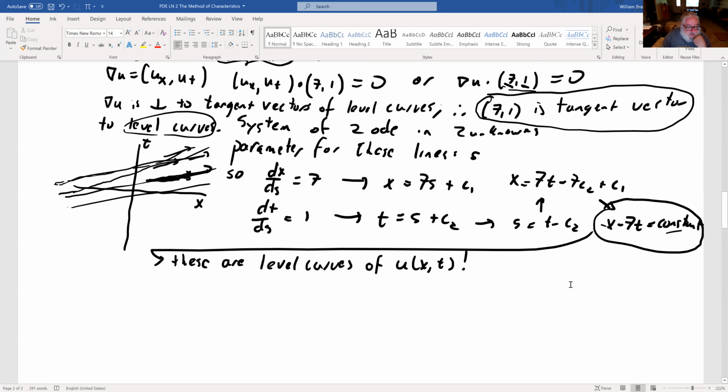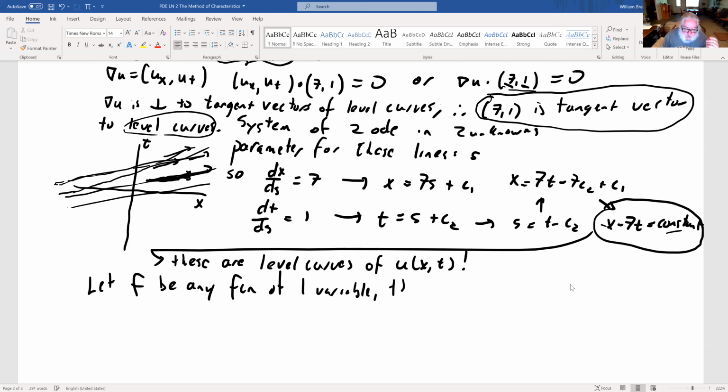So if we take f to be any function of one variable, well, not any function, we want it to be differentiable, then u(x, t) can be equal to f(x minus 7t).